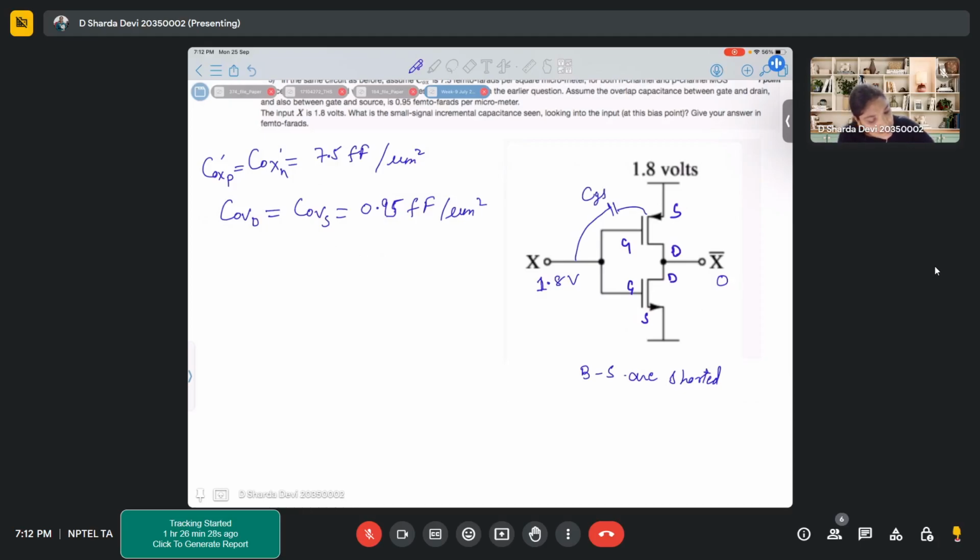Then there will be CGD. Again, there will be a CGD from this particular transistor and your CGS, right? So now you have CGS from the first transistor, CGS from the second transistor, CGD from the first and CGD from the second.